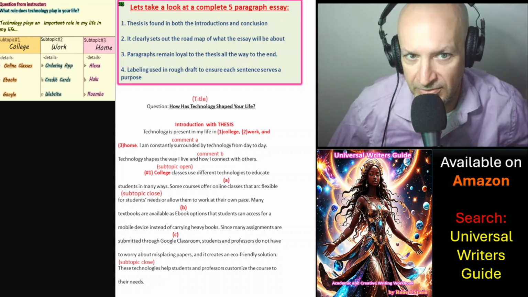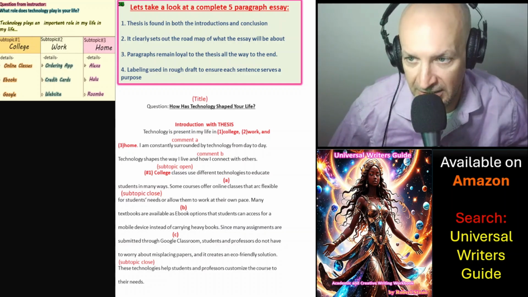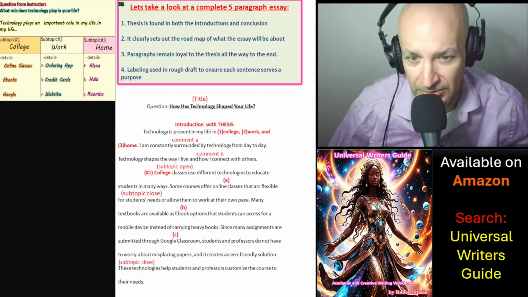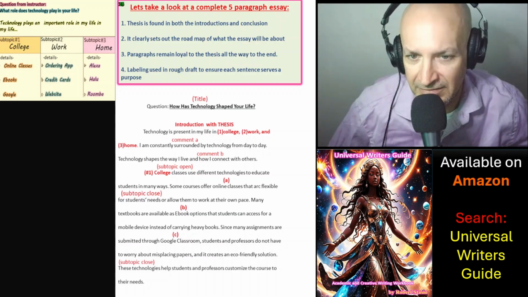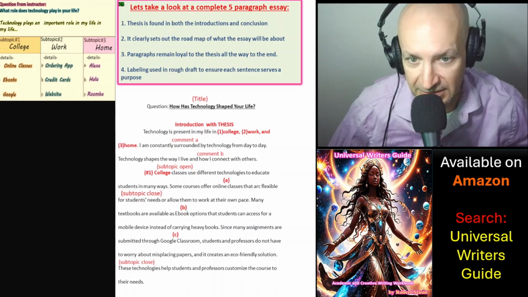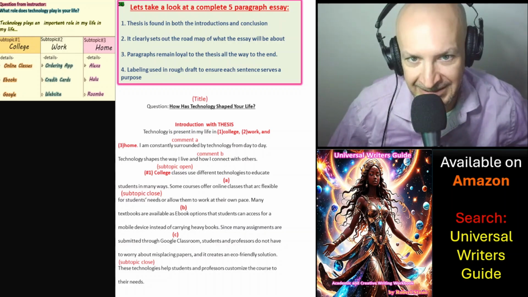That we have those topics listed. And number 2 there, it clearly sets out the roadmap of what the essay will be about, and also the order of it. Okay, if you list college as the first one, then college should be the first paragraph. The second paragraph should be work, and the third one should be home. It should be a roadmap, and don't mess up the order on it.